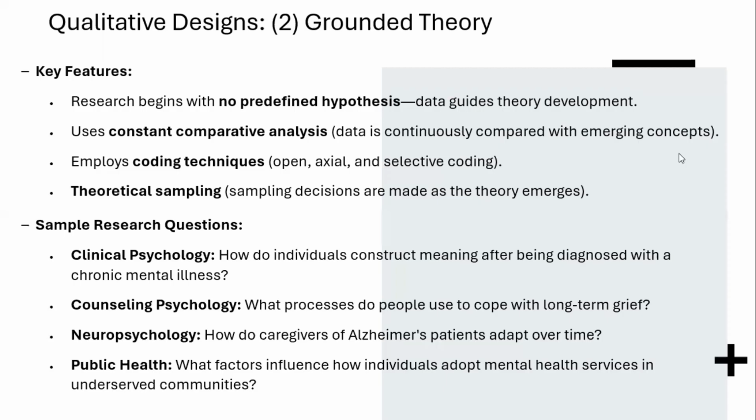You can use grounded theory to do this. And what factors influence how individuals adopt mental health services in underserved communities? So the most important thing is, what research question are you answering? Any field can do grounded theory research. Any question on grounded theory?